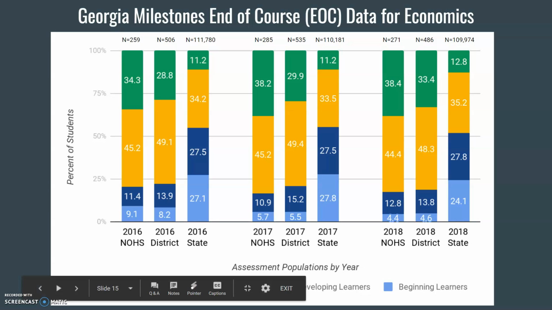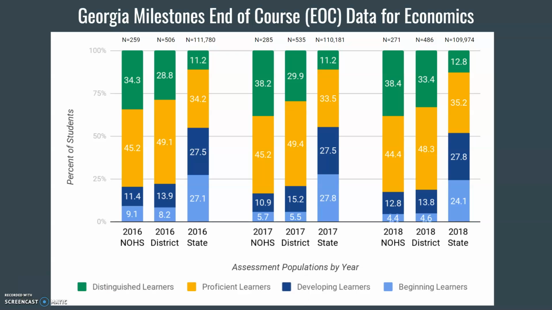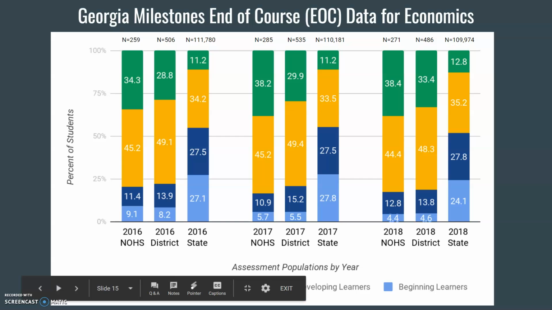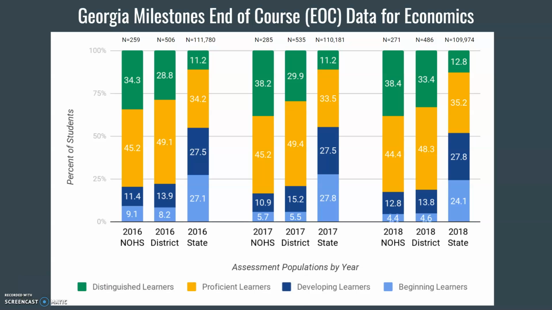In 2018, you can see the consistency and even increase in scores, with 38.4% of 12th grade seniors at North Oconee High School being identified as distinguished learners, more than 3 times that of the state level. So as a whole, our economics instructional team has been very good at preparing our entire 12th grade population for taking this economics Georgia Milestones assessment.